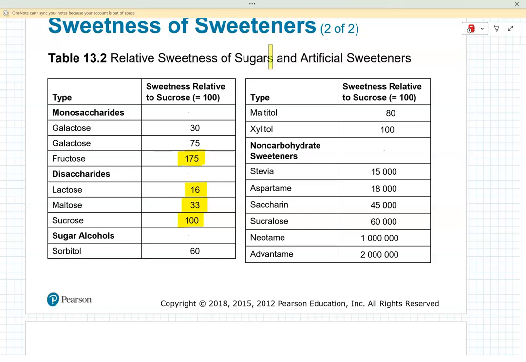So it's a little bit safer way for them to use fructose instead of glucose or sucrose in the food. Xylitol, which is essentially a product of reduction of glucose, has the same sweetness as sucrose, 100. Now, this is just insane. The sweetness of stevia, 150 times more than sucrose.